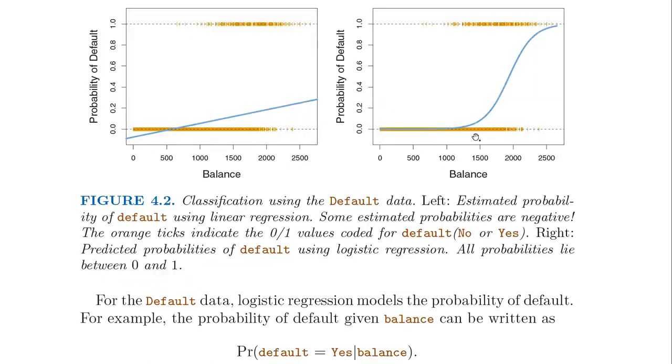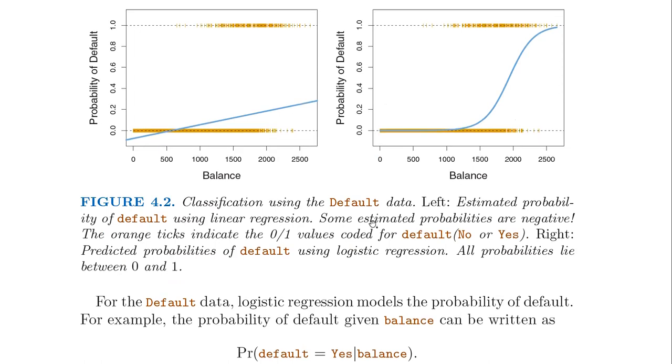So what this blue model is doing is just telling you, given that the balance is 200, what is the probability that that person defaults? And that's 60%, for instance. Given a balance of 2500, the model tells you the probability of default is over 90%.